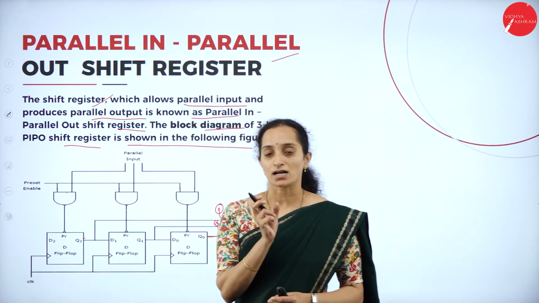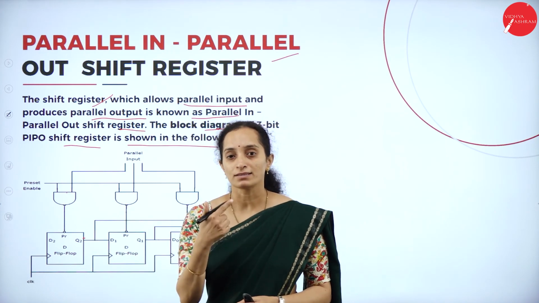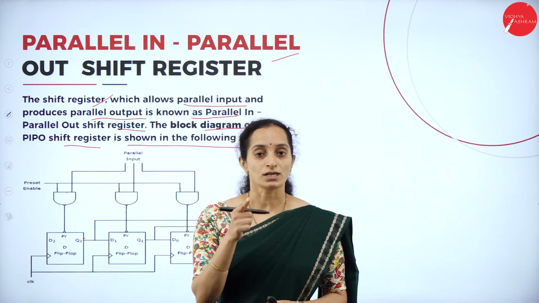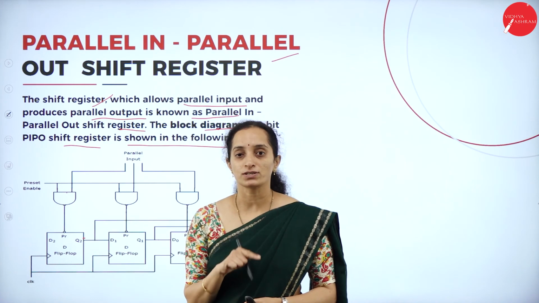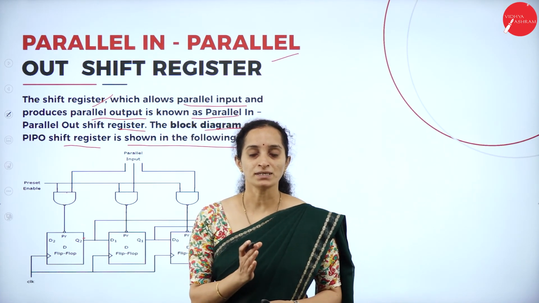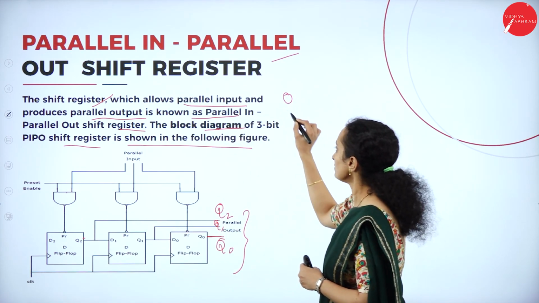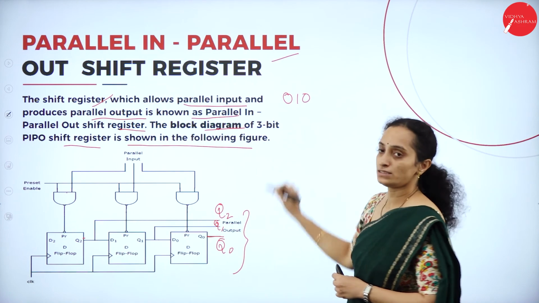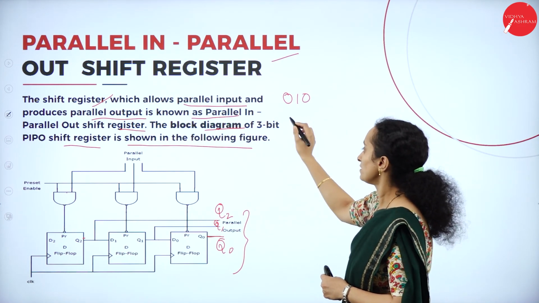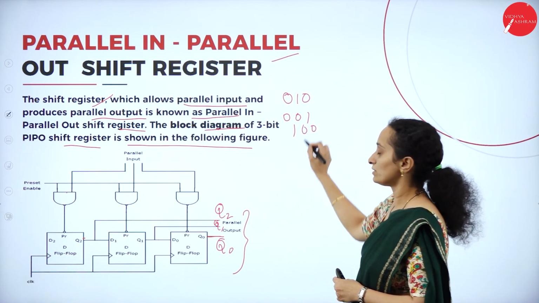Like you'll have a console in a washing machine which shows you the timing the machine is running. So that time has to be continuously changing. How it changes is, it shifts the bits to get the new value. If it is 0, 1, 0, it may shift to get 0, 0, 1 or 1, 0, 0.